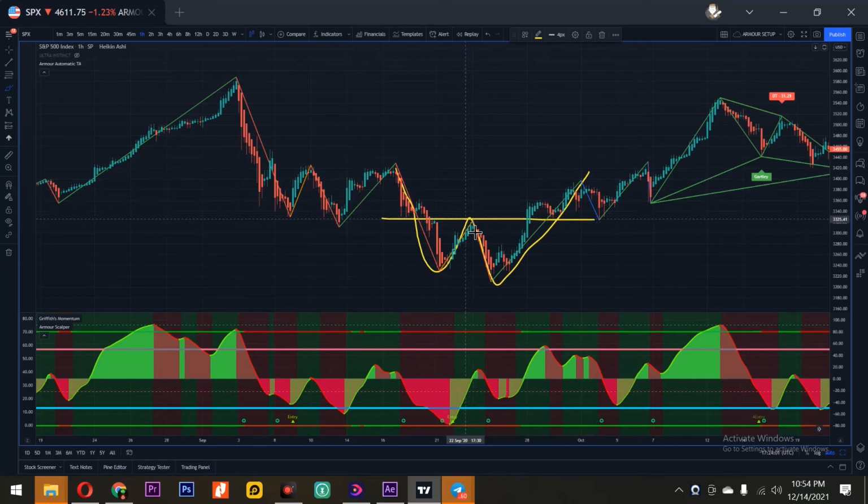This is the main targeted price, and the candle must close above it. Sometimes it shows a fake out, but we need to be careful. After a breakout here, then there is a retest. The majority of the time there is a retest and then a bounce back.